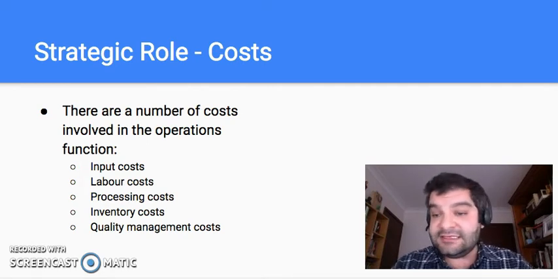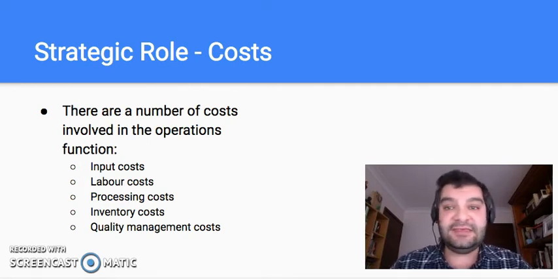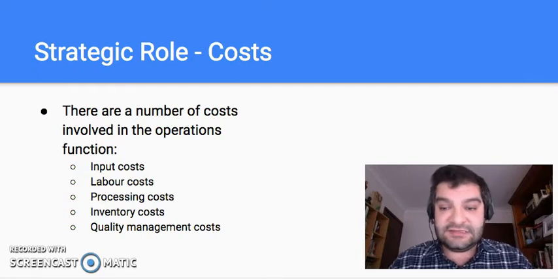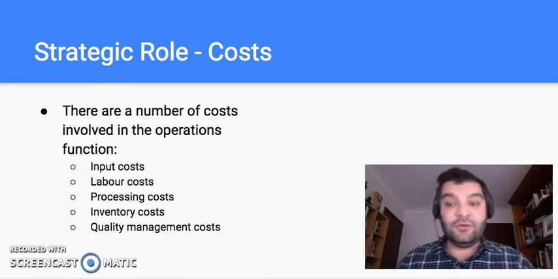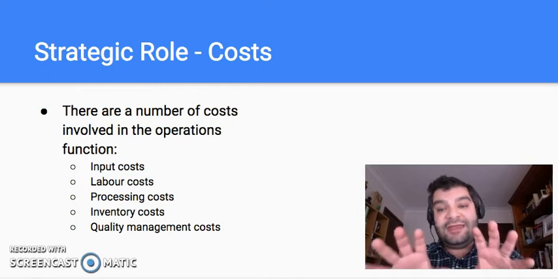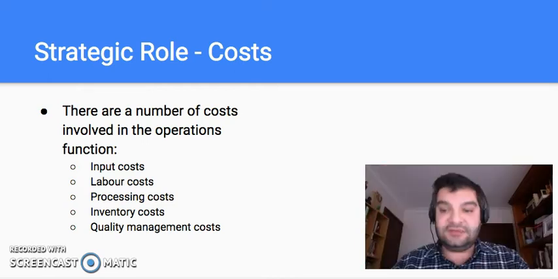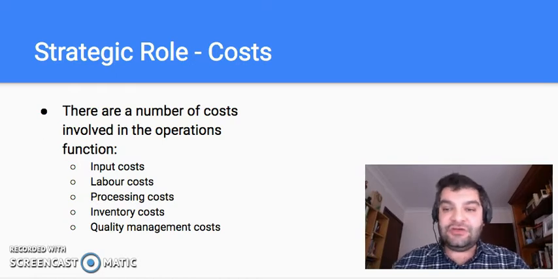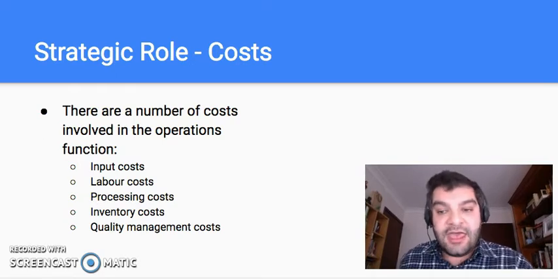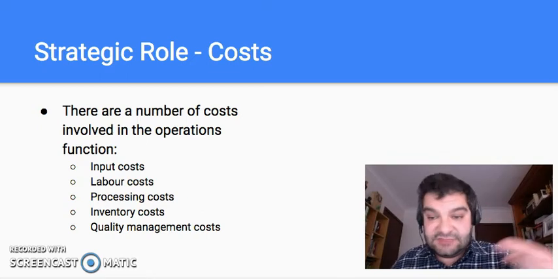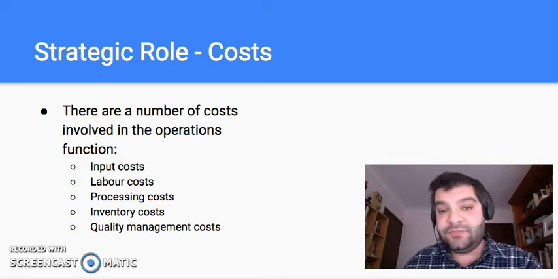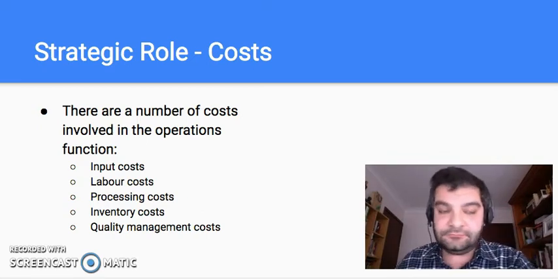So if more customers purchase the products, then there's more funds available in the business to then be distributed, and so on and so on. So this is something that affects all areas of the business. That's why it's a strategic role. Okay? Those costs do flow on through all those other key business functions, so if you can minimize them, it's better for the business.